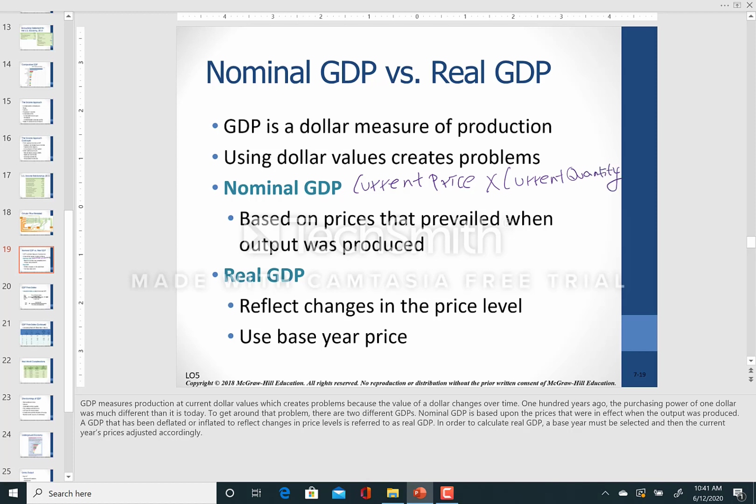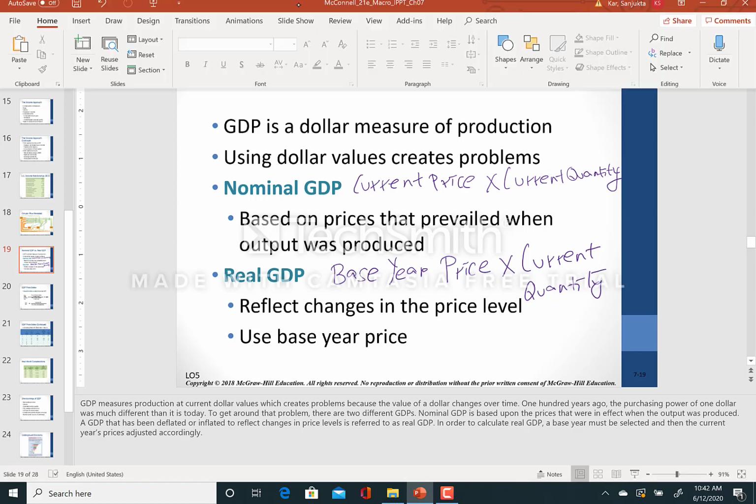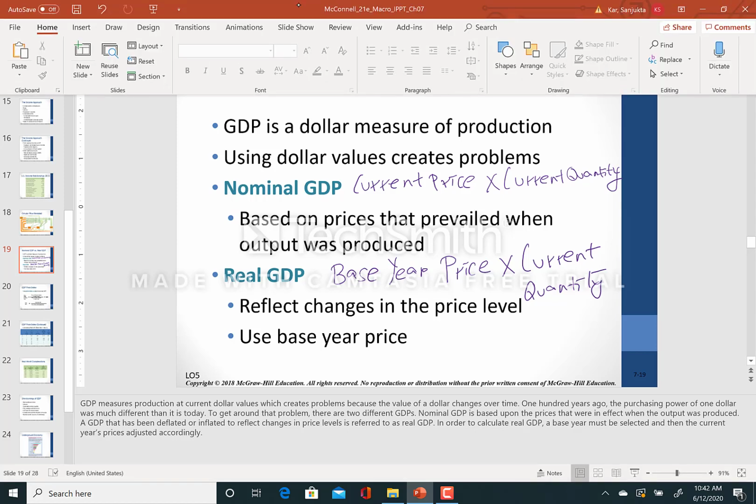And real gross domestic product I'm going to calculate by multiplying the base year price to the current quantity. What is common in both is the current quantity.